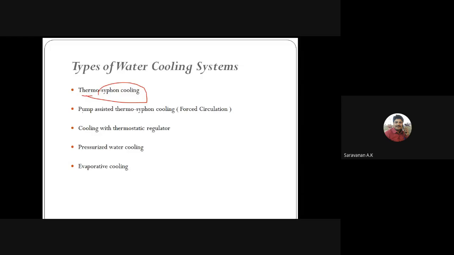Here we can use the pump assisted thermosiphon cooling, or forced circulation cooling. Then the cooling with thermostatic regulator, where we have some regulator to cool the engine. Then the pressurized water flow cooling and the evaporative cooling. So we have five types of water cooling systems, and we can see them one by one.